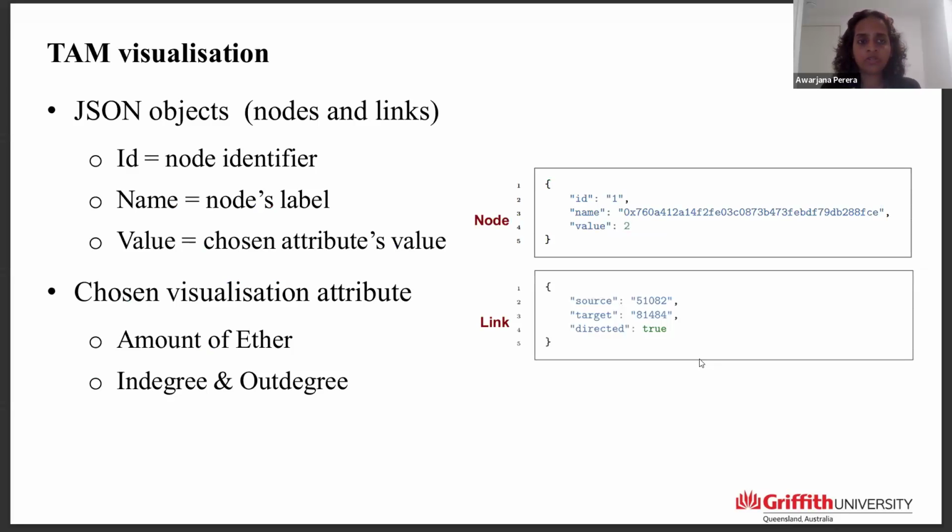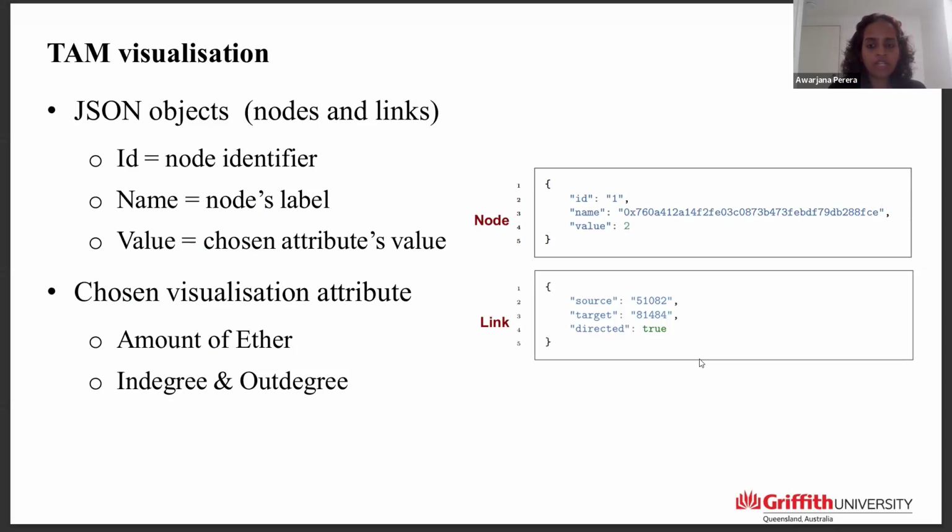And for TAM visualization, I mentioned that TAM only supports JSON files. So it was important that the data be converted into JSON objects. In this JSON file, we had to specify nodes separately and the links separately. Each node had to be specified using three properties: the node identifier, the name, and the value.